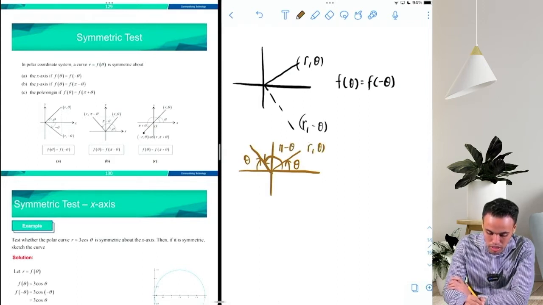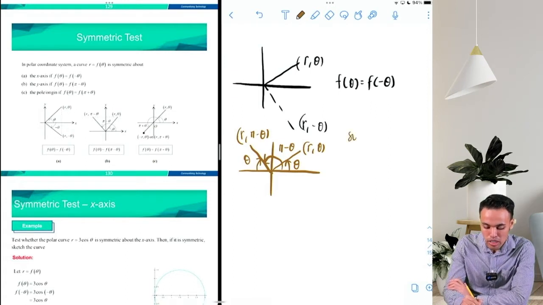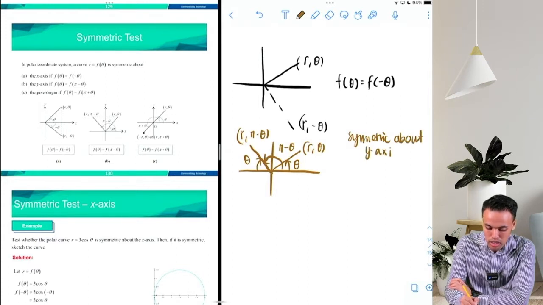This is r theta, and this is r pi minus theta. In order to show that the curve is symmetric about the y-axis, we should show that f theta is equal to f pi minus theta.